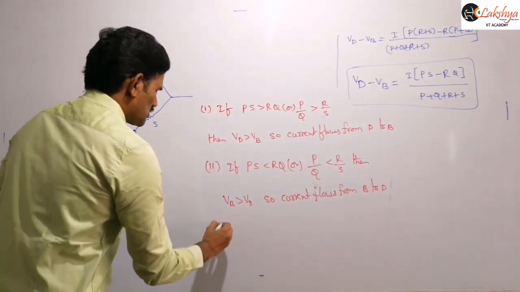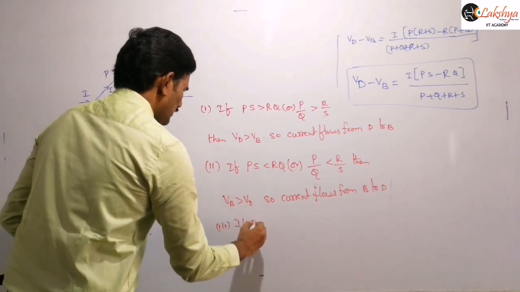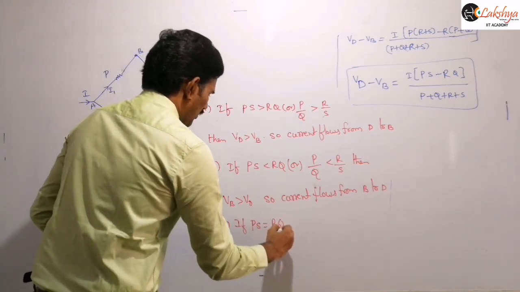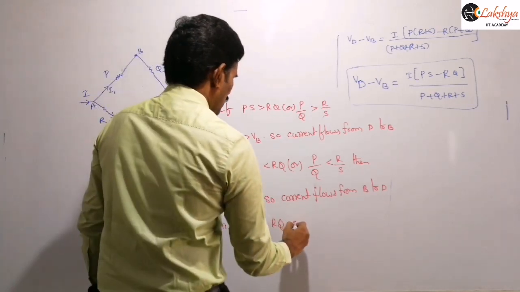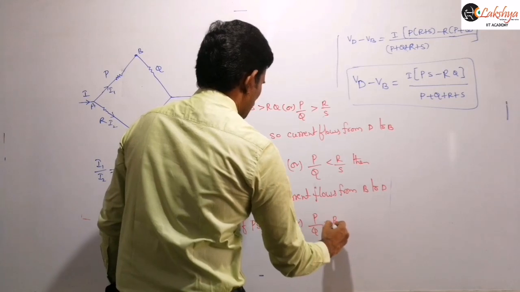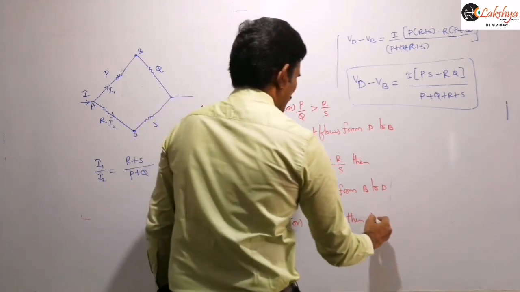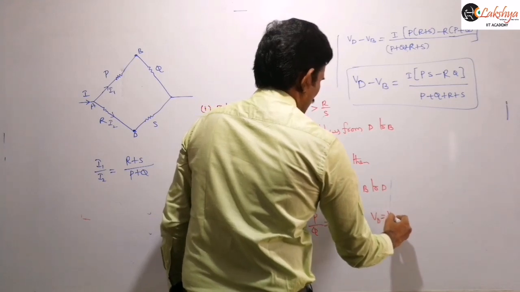And the next condition is, for example, if I consider both are equal, if PS is equal to RQ, which is nothing but P by Q is equal to R by S, then we can write VD is equal to VB.